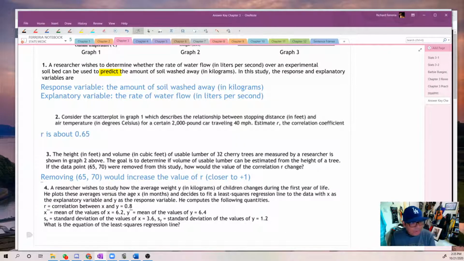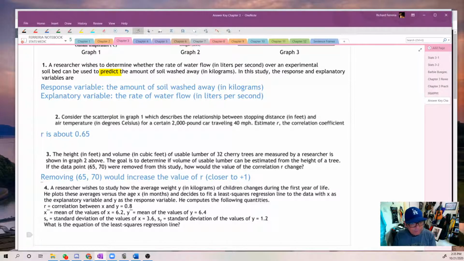Finally, we have number 4, which says that a researcher wishes to study how the average weight of children changes during the first year of life. He plots those averages versus age and decides to fit a least squares regression line to the data with x as the explanatory variable, remember x is age, and y as the response variable, which would be kilograms or weight.